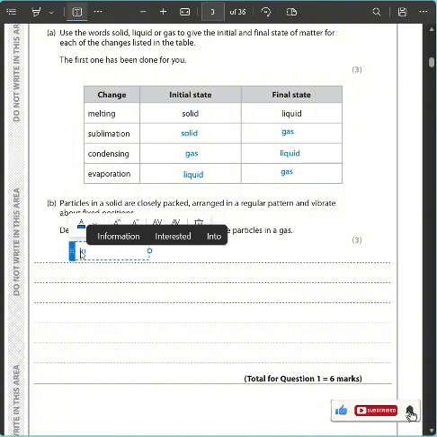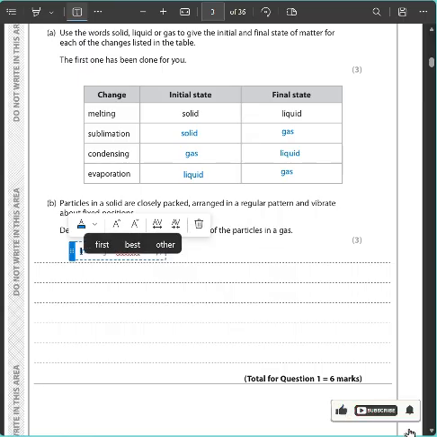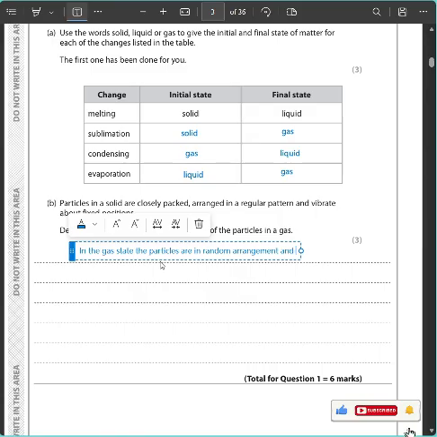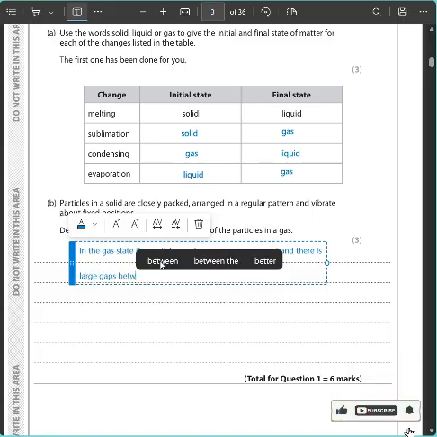In the gas state, the particles are in a random arrangement, and there are large gaps between them.